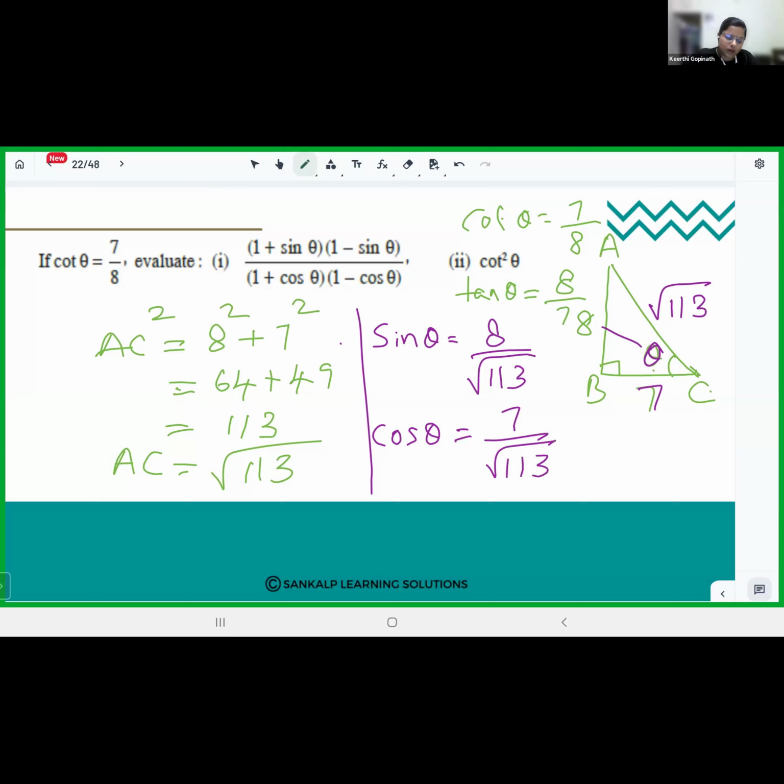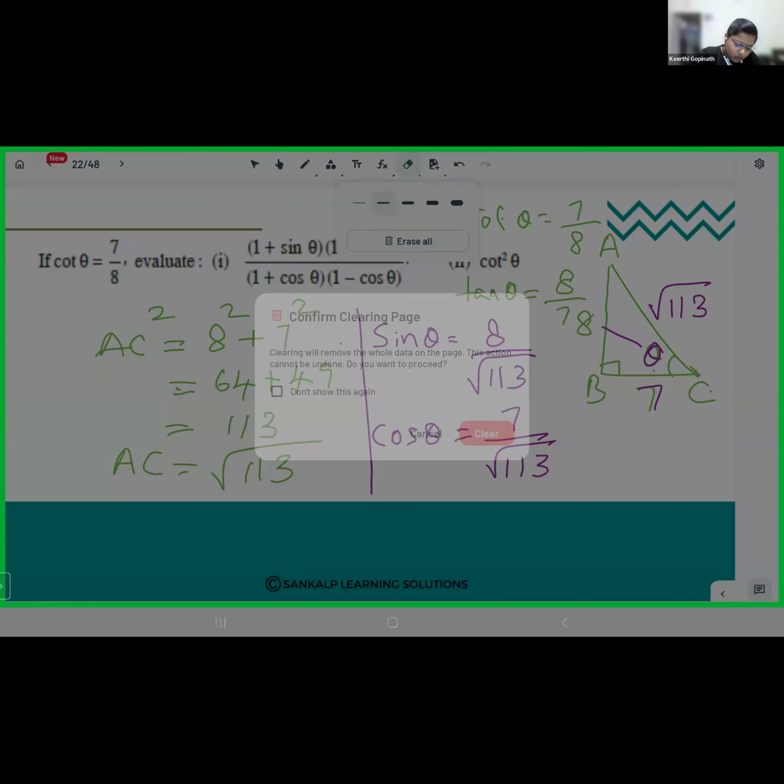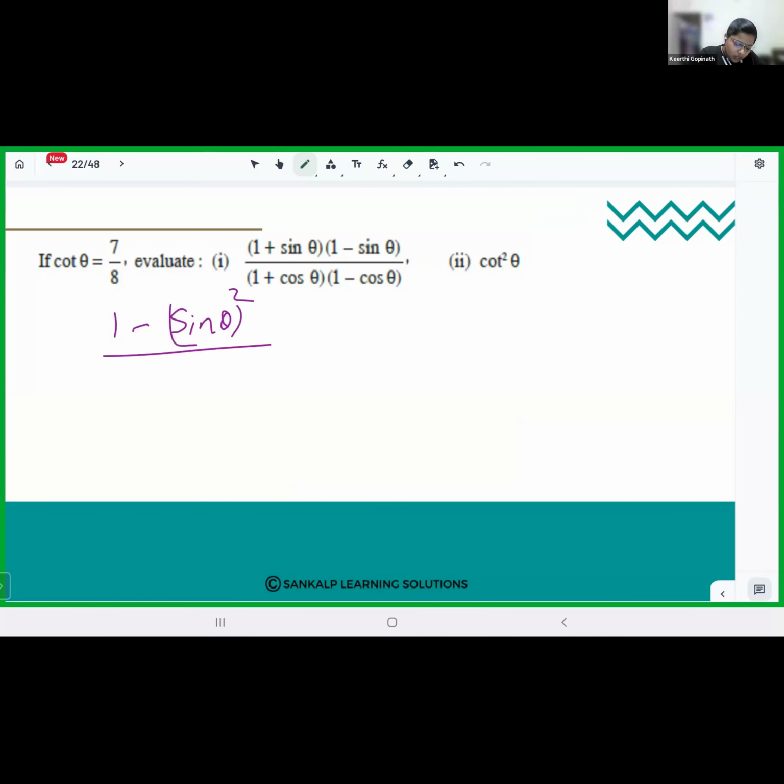Now what you have to do? You have to just put it in that formula, right? What was that? 1 minus sine theta the whole square divided by 1 minus cos theta the whole square. So I'll solve it separately. 1 minus sine theta the whole square is equal to 1 minus 8 by root 113 the whole square.